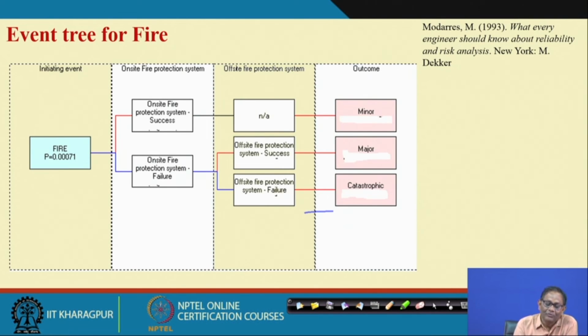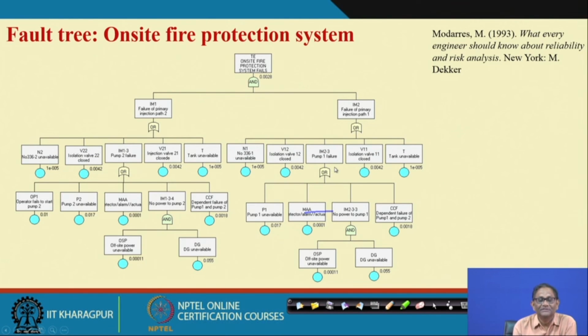Suppose you say we have an on-site protection measure, then you must know when it fails. How do you know it? You will know from this. Now, you have to develop the cut set for this, and then you will know which events, if they occur, will lead to the top event. Those events should not occur simultaneously.